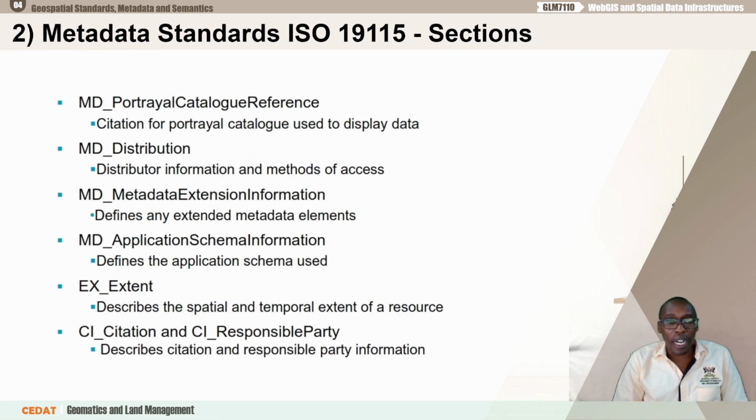The standard also has the portrayal catalog reference, or a citation for the portrayal catalog used to display data. It has also the distributor information and methods of access. How should we access the data and how should it be distributed? And then how should we extend the different metadata elements? And then it also defines the application schema that should be used and the extent of the dataset, how to define that extent, and then how to cite the resource and the responsible party information.